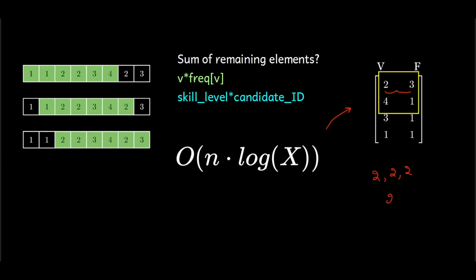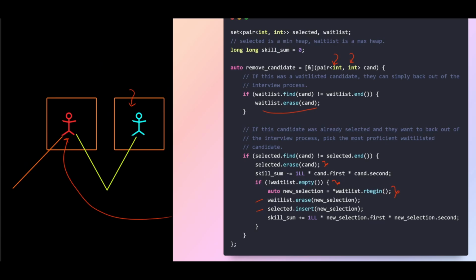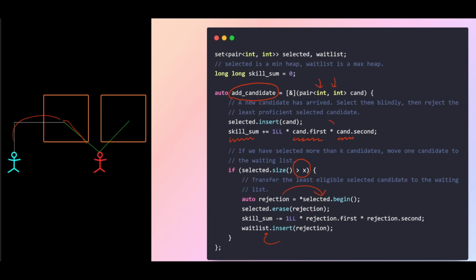So that would mean that the sum is 2 plus 2 plus 2, which is nothing but 2 into 3. Similarly, this is 4 into 1. So if you do skill level into candidate id, that would give you the sum that you are looking for. And that is the reason why I had kept this as skill level into candidate id.